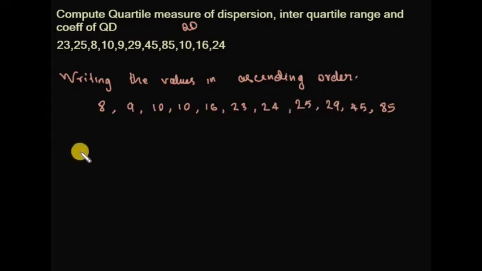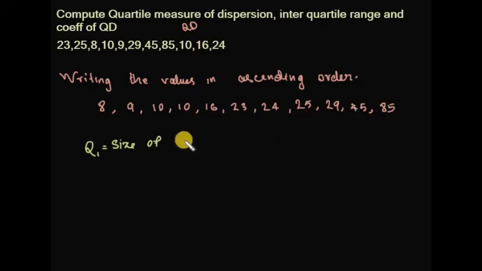So first we have to find Q1. Q1 equal to size of n plus 1 by 4th item. n means the number of given data: 3, 6, 9, 10, 11.